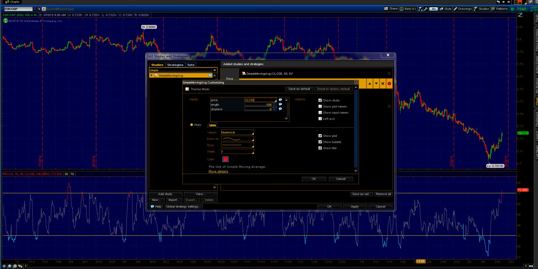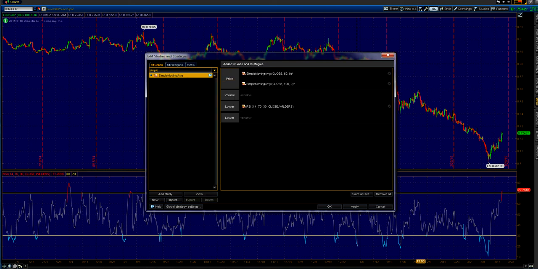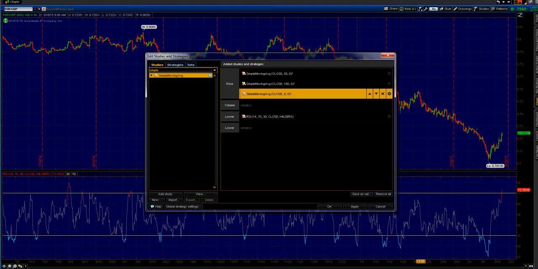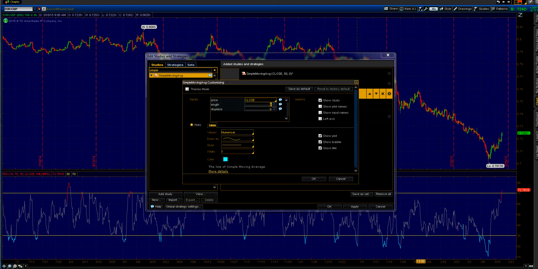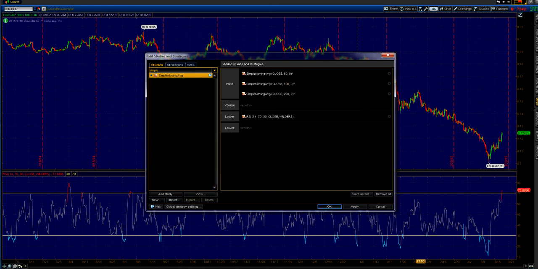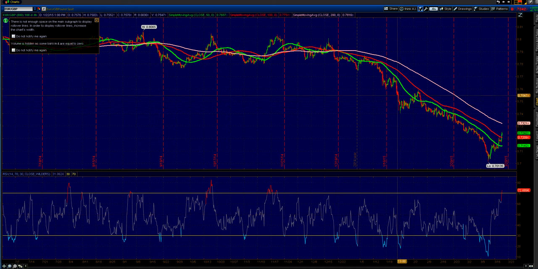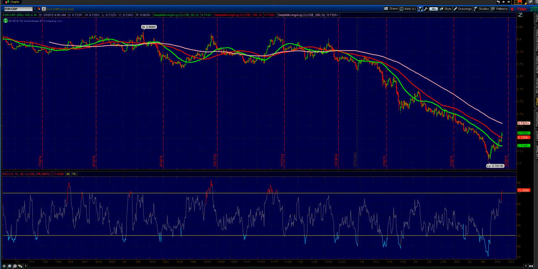We're also gonna put up the 100, and then the other one that we are going to place is the 200 period moving average. I will make that one pink. Okay, so here we have the 50, 100, and 200.